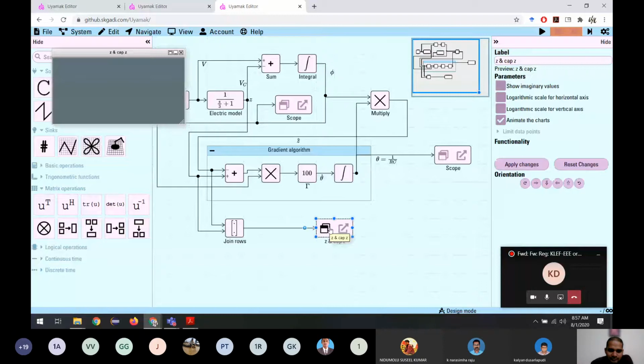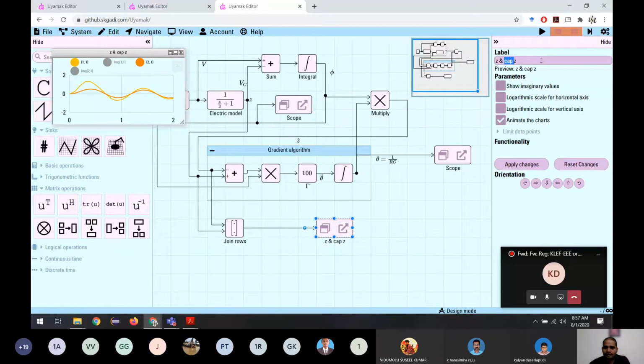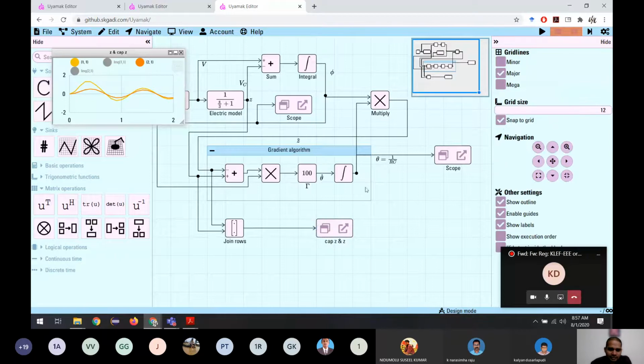Let us see. One second. Actually, I should say it is cap z and z, because the first one we are connecting is the estimate value. Okay, so let us run.